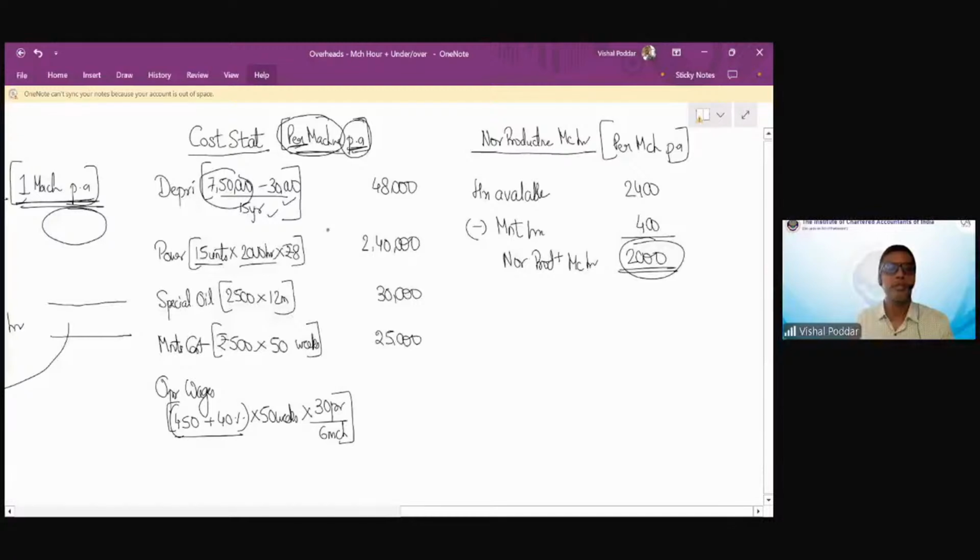So firstly, this is the wages plus incentive of one operator for a week. Multiplying it by working weeks will give you the annual wages. Multiplying it by, see, it is not 30, this is 3 operators, because there are 3 operators working in this department, but they are working collectively on the 6 machines. So I have divided by 6 because I want the cost of one machine. I hope you all have understood this.